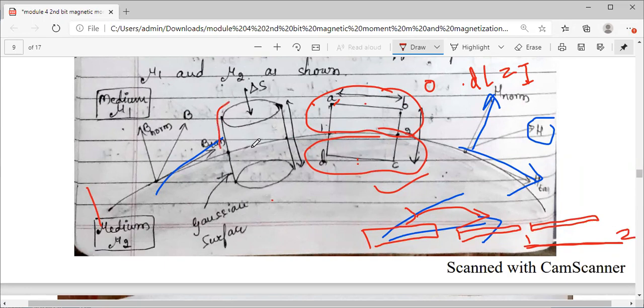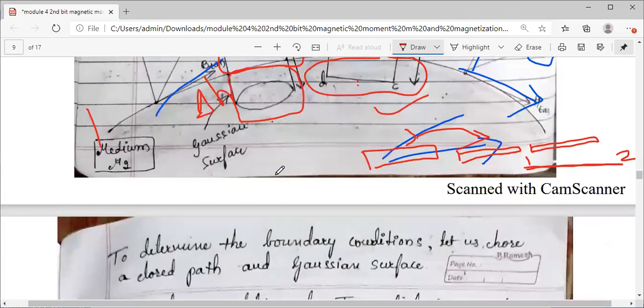Similarly, observe here, half of the cylinder is in one medium, and half of the cylinder is in another medium. We have assumed that its surface area is delta S, okay. And then what else? The height of the cylinder, we have considered delta h as the height.